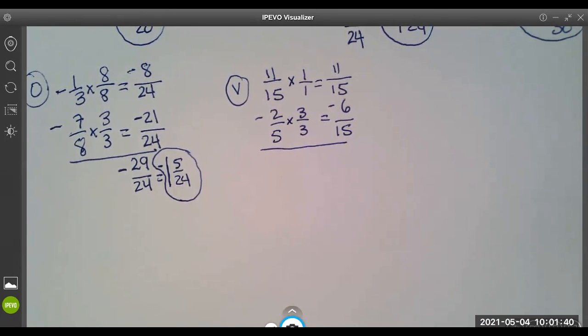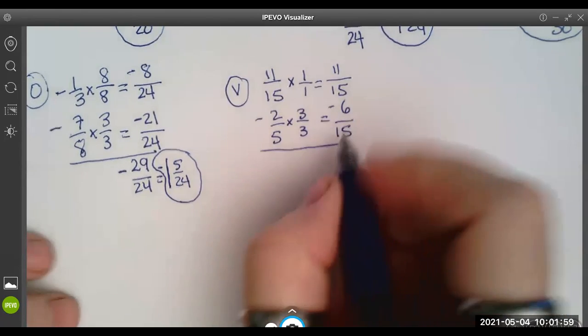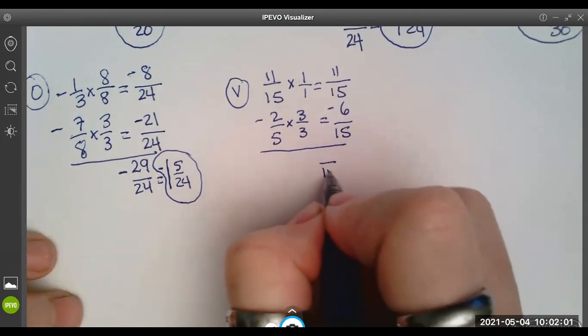No. So what do we do when they're not the same sign? Subtract and keep the sign on the bigger. So what's our sign going to be? Positive. So this just says 11 take away 6 over 15.